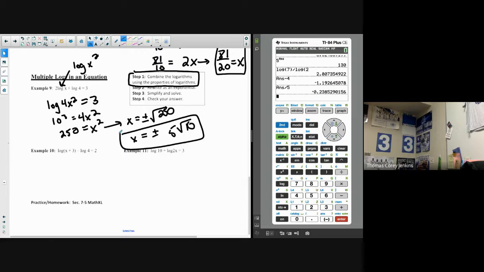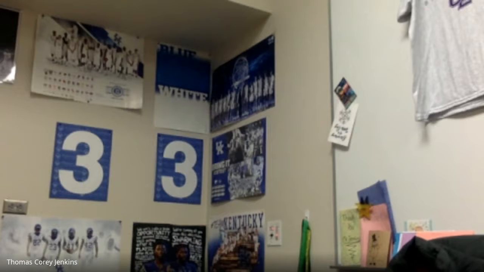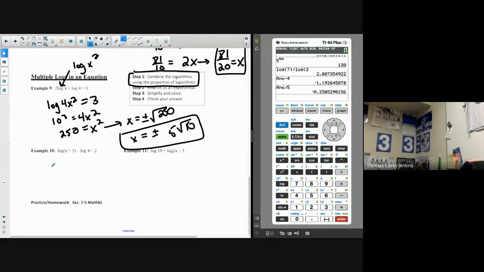All right, maybe do one more. Let's look at example 10, and then we'll call it a day, okay? So my rule here when I subtract logarithms is to divide the arguments. So we want to write it as log base 10 of x plus 3 over 4. And then from there, we can jump to exponential form.